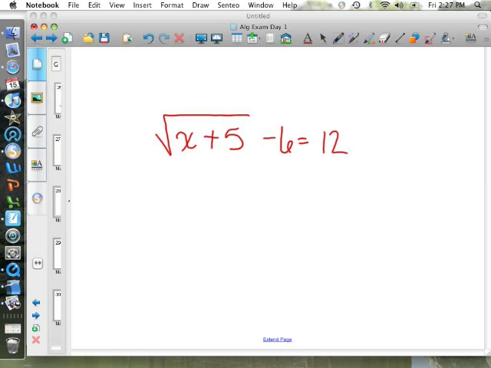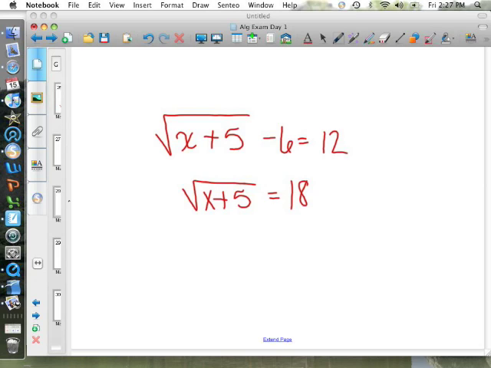This is a square root equation, and we're going by the same idea as the absolute value. Just like we had to isolate the absolute value, we need to isolate the radical. Add 6 to both sides. First, we want to isolate the radical.